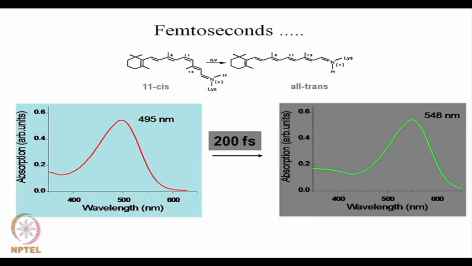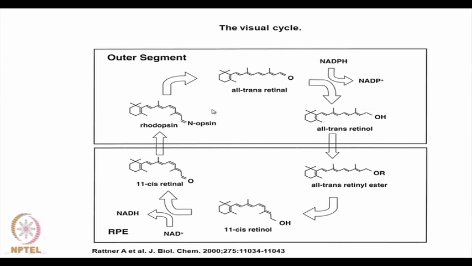Here you see that when you shine with h nu, this double bond character is lost, so that rotation about this single bond will lead to this all trans. What is the actual scheme?